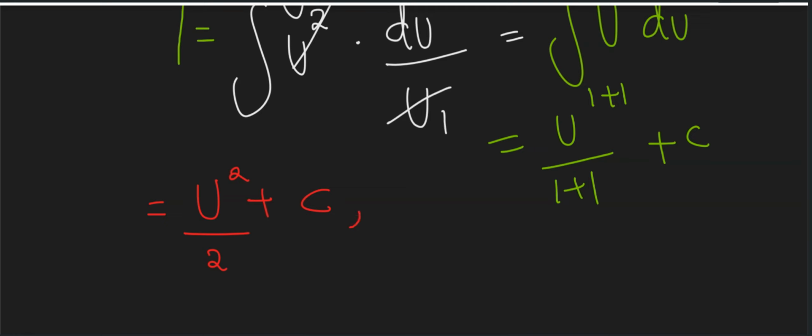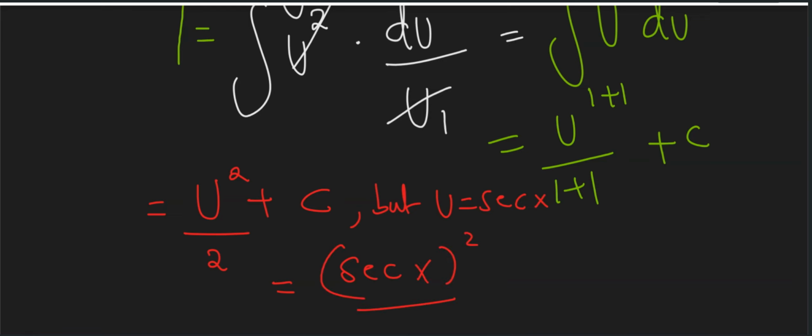But remember, u equals sec x. So if we substitute, where there is u we put sec x, we get sec x squared divided by 2, then plus c.